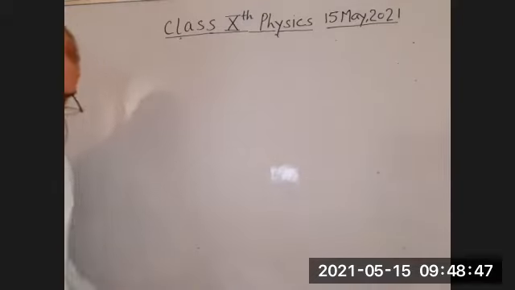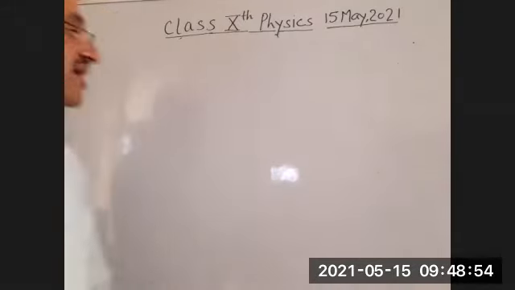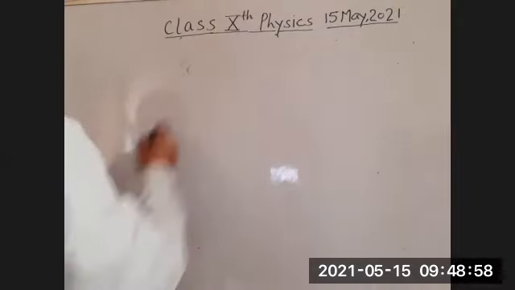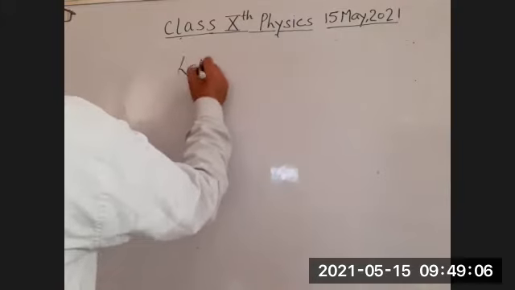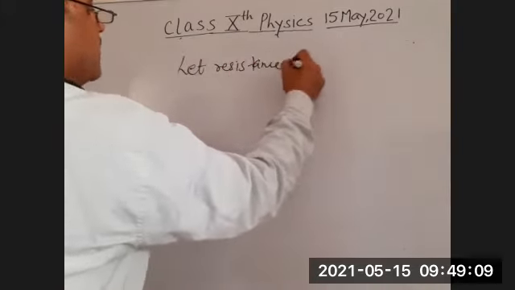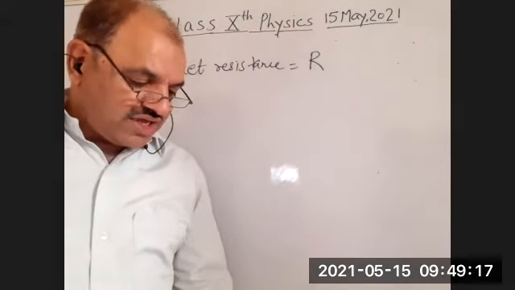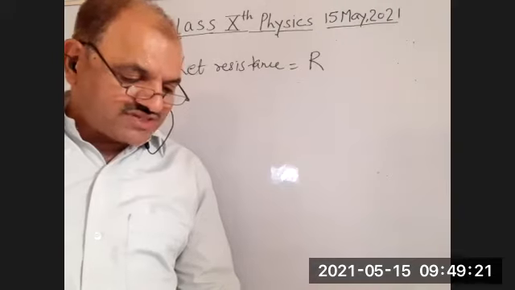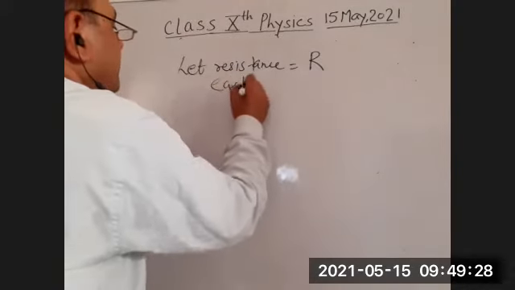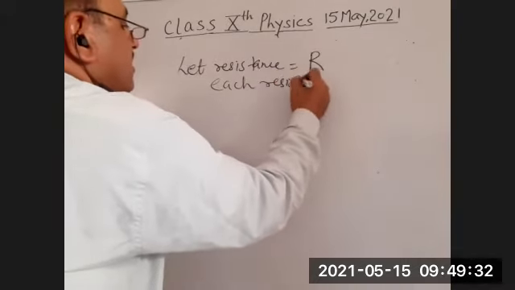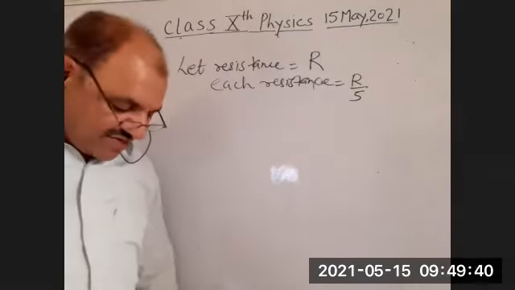According to the statement of the question, let the resistance of the wire be R. Now it is cut into equal pieces, so the resistance of each piece of the wire is, since it is cut into 5 equal pieces, R by 5. If it is cut into 5 pieces, students, each will be R by 5.